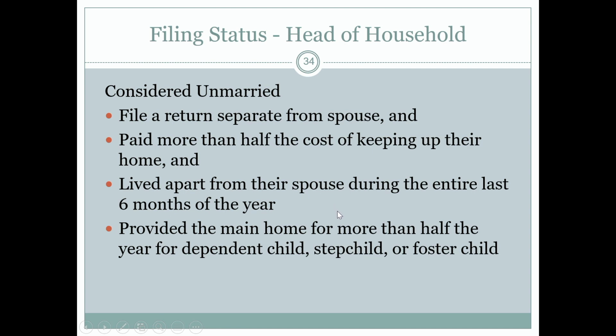And they had to have provided the main home for more than half the year for that dependent child, stepchild, or foster child. So that is the exception to the rule: they actually are married, but they can be considered unmarried for filing head of household.